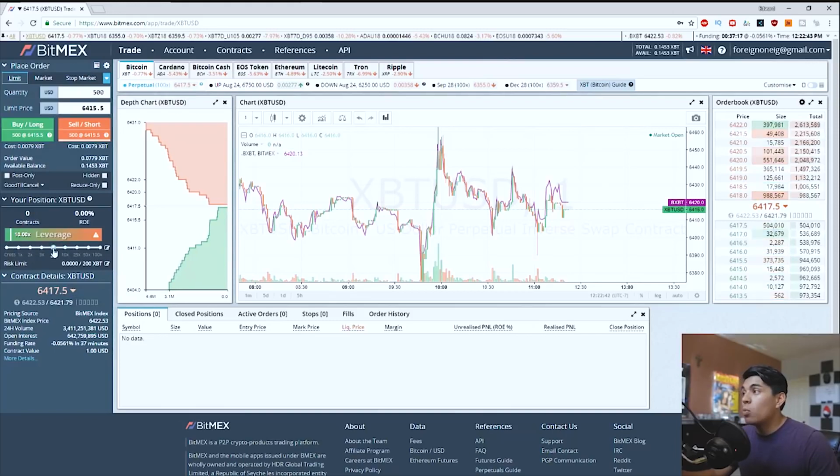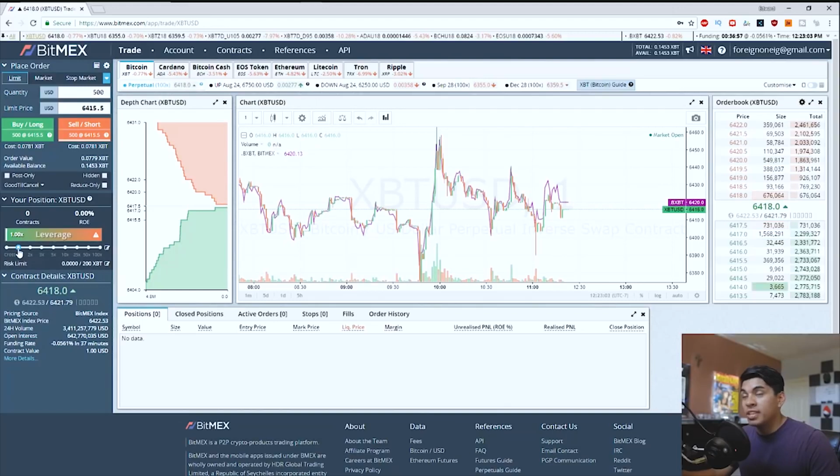Just note that when you up the leverage here, you're not increasing how much you're going to multiply. The only thing you're doing is reducing the risk of how much you want to risk. Okay, so again, I'm at a 1x. Say, for example, I have $500. At a 1x, I'll be risking $500.